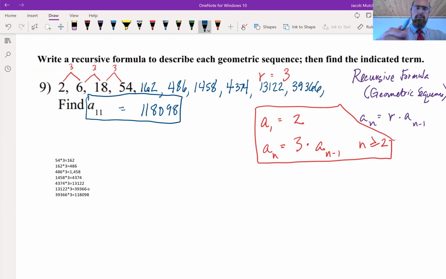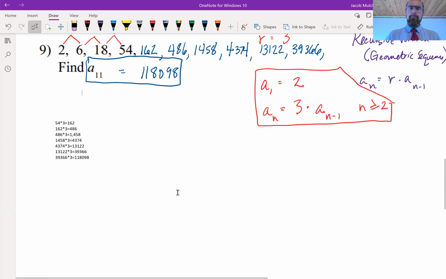So definitely there's an advantage to having an explicit formula. You can see with the recursive formula, to get out to a term in the center of the sequence, it takes some time. It also introduces potential error. So it's good to note that there is an advantage to having the explicit formula.